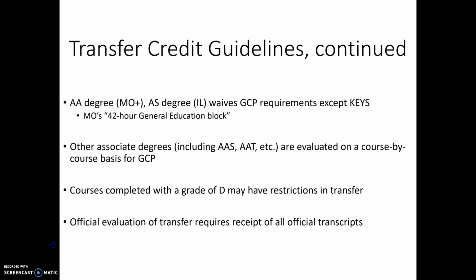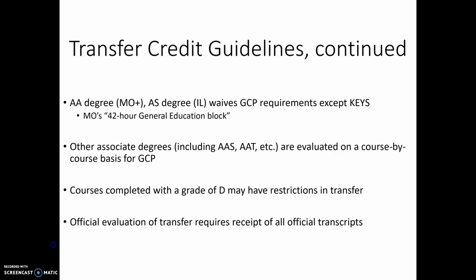Any associate's degree completed waives the necessity to complete a global cornerstone seminar substitution, but for the remainder of the courses in knowledge and skill areas, we look to one-by-one equivalencies. So you may have some done, but still need some to complete. And again, courses with these may have restrictions in transfer. They cannot apply, for instance, to the GCP nor most majors.